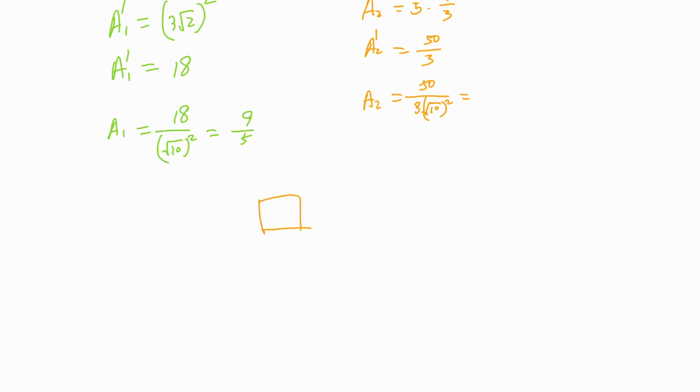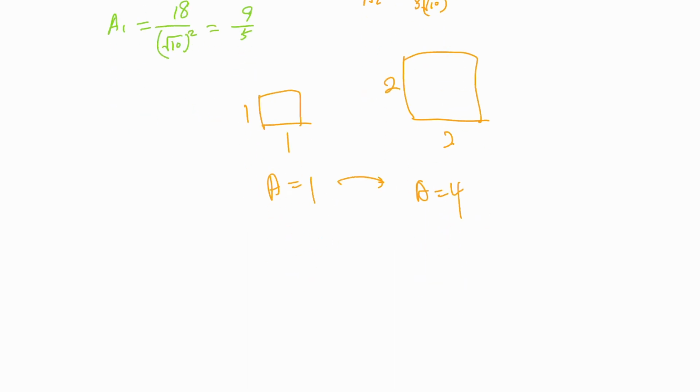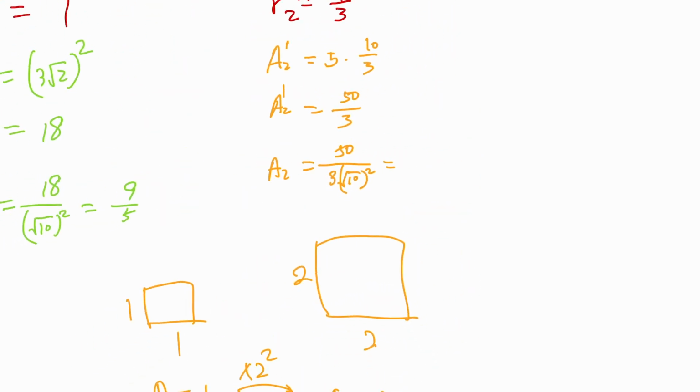If I have side length 1, 1, then the area is 1. If I scale it up to 2, 2, then the area is equal to 2 squared, which is 4. So the area is actually multiplied by 2 squared. Same thing here. We actually do not divide by square root of 10. Instead, we divide by just 10. So we get 5 over 3.